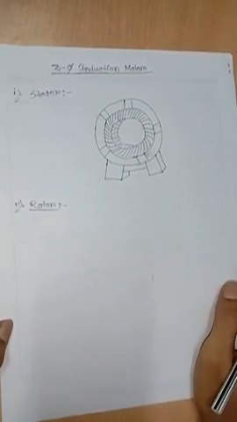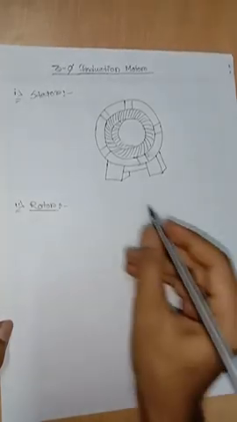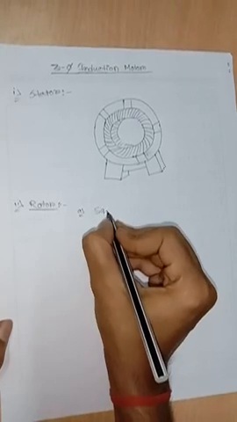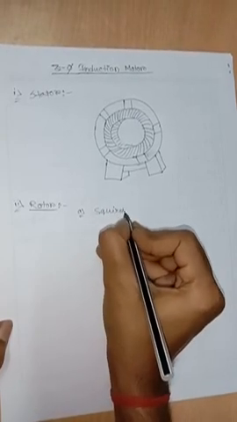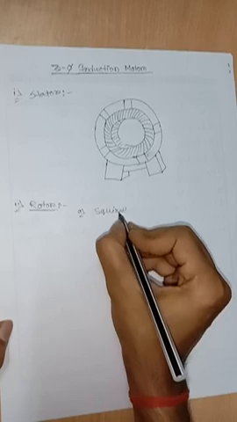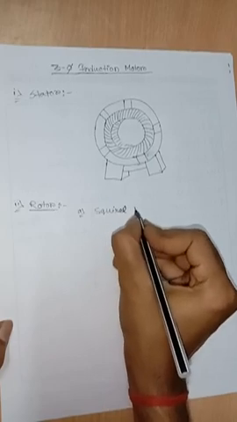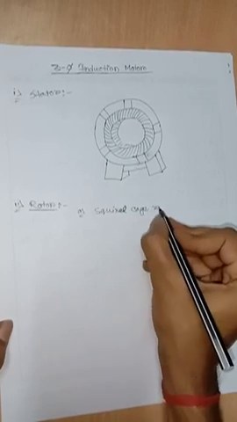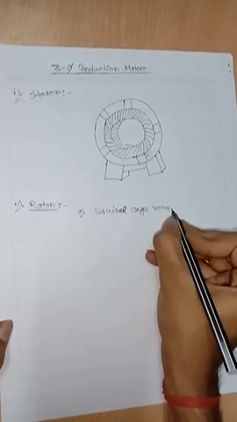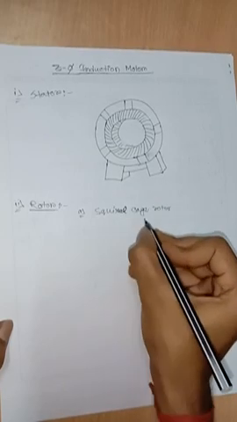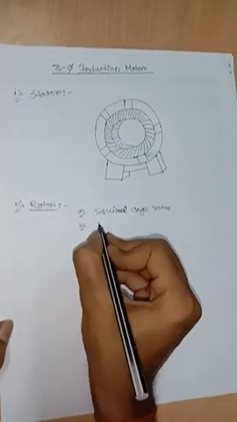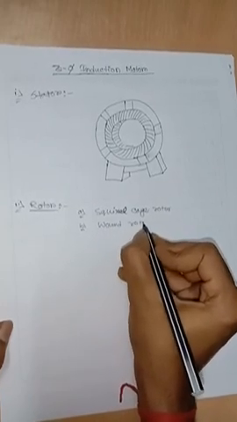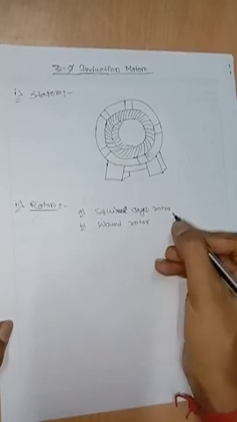The induction motor has two types of rotor, that is A, squirrel cage rotor, and B, wound rotor.